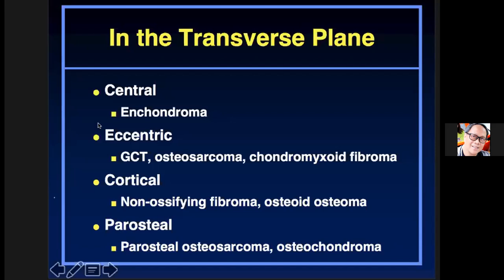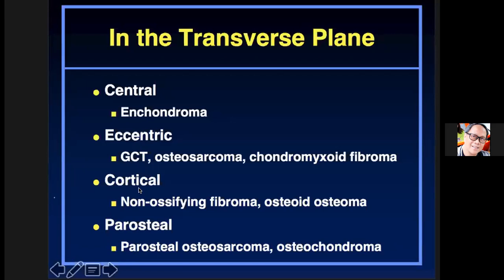Okay, you have eccentric and cortical and parosteal. So eccentric is just off center, cortical is in the cortex, and sitting on top of the cortex is parosteal.